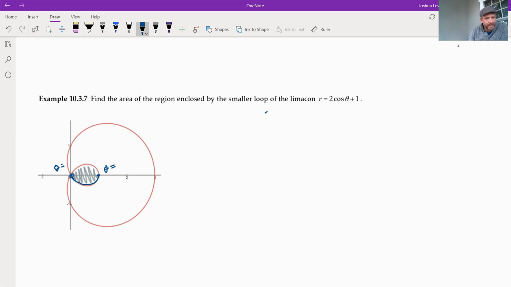This first theta happens when r is equal to 0, right? And so if r is equal to 0, we'll have 2 cosine theta plus 1 equals 0. So cosine theta would be -1/2. And so that's going to be at 2 pi thirds, or 4 pi thirds. So that first one is going to be 2 pi thirds. And the way this is traced out, this is at theta equals 0.